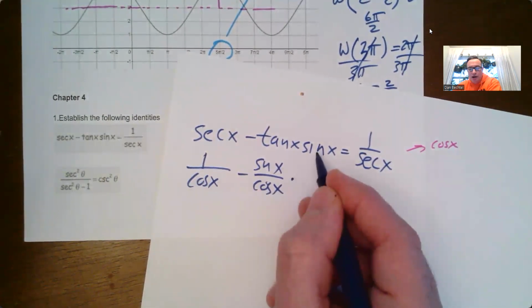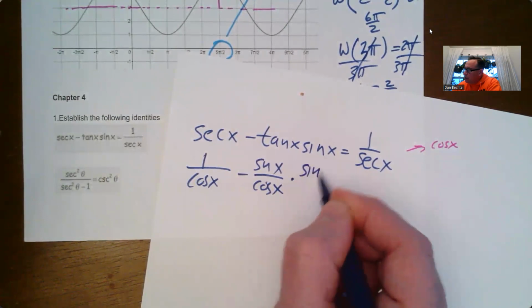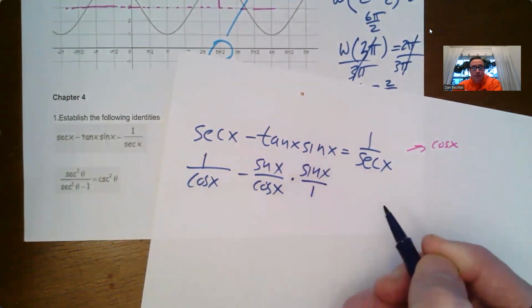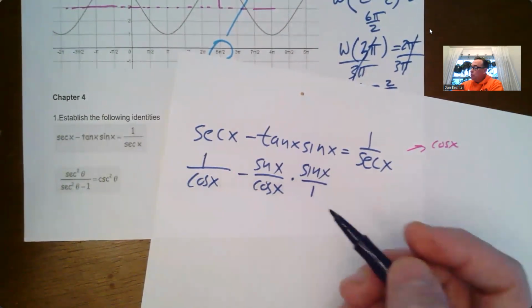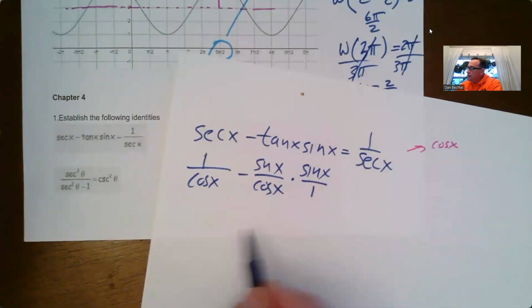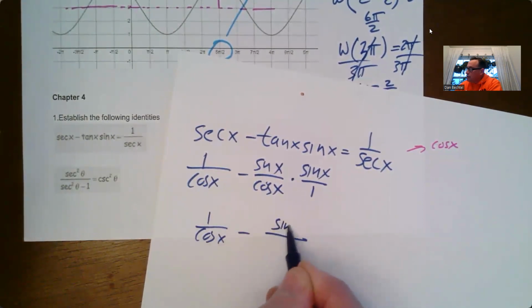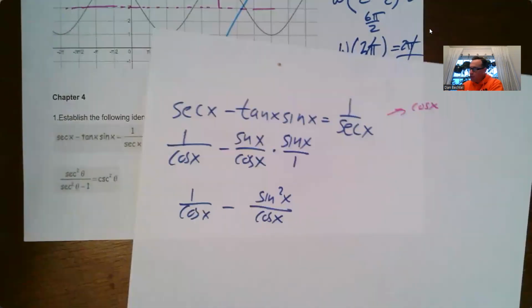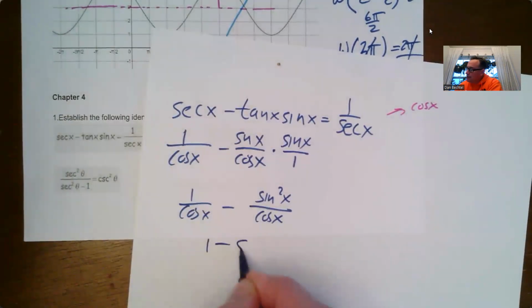Sine is already there, so I'm just going to put that over 1 because I have a common denominator. So I will have 1 over cosine x minus sine squared x over cosine x. Then if I put them together, I will have 1 minus sine squared x over cosine x.